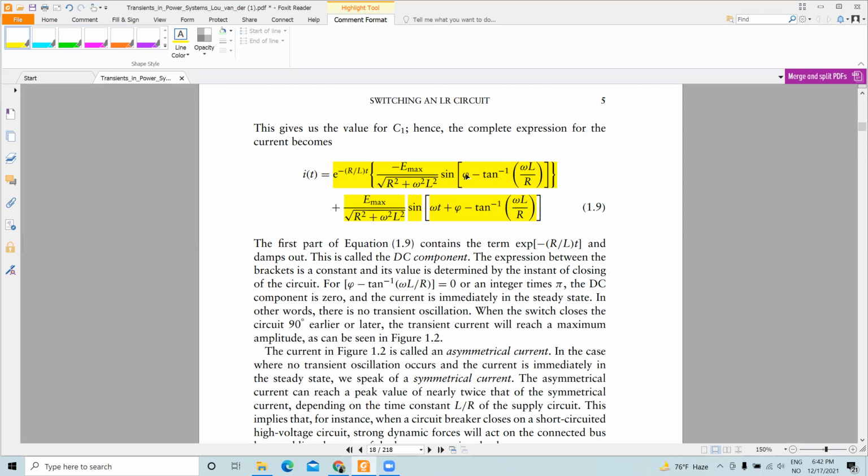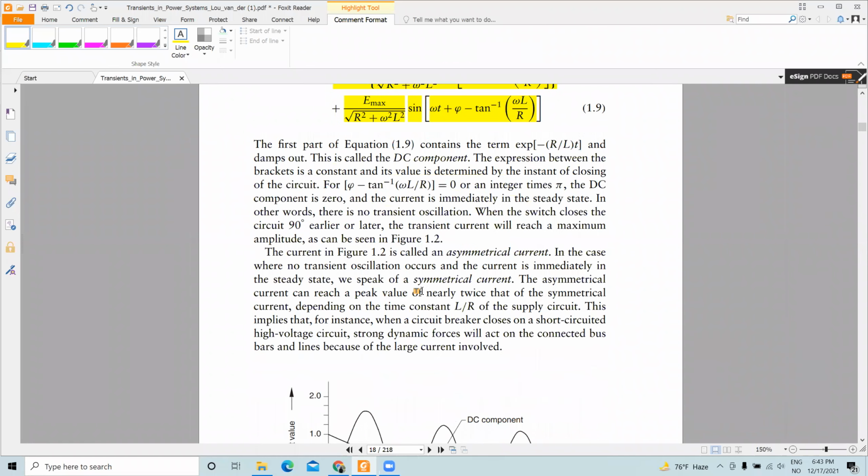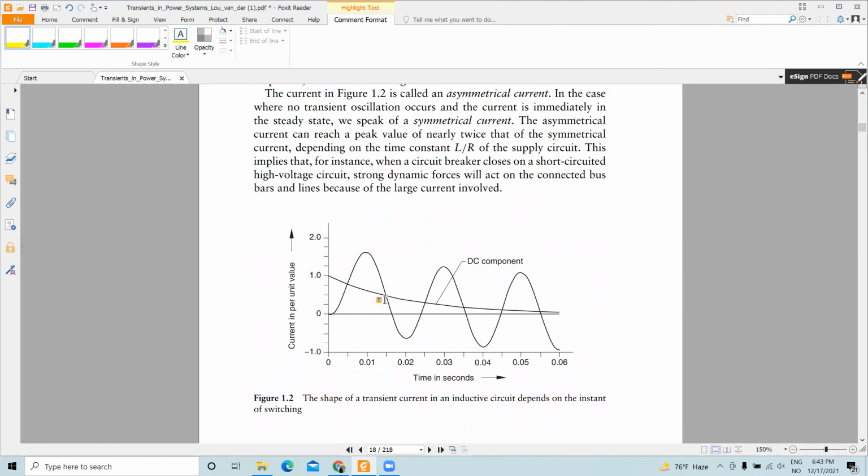So for a certain phi value, the DC part will be the same as the maximum of the sine part, or the maximum of the AC part. So it will basically add in the beginning, it may go as high as twice the amplitude of the steady state current. Am I clear?